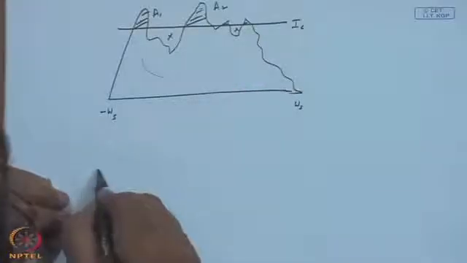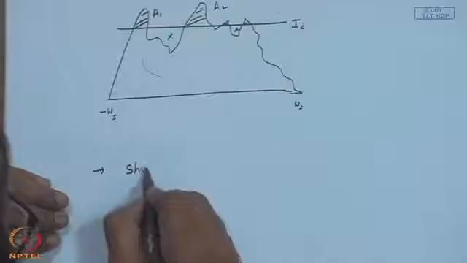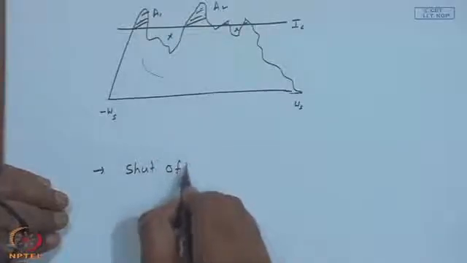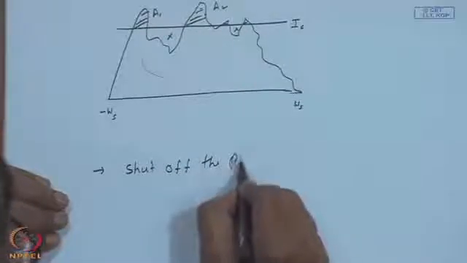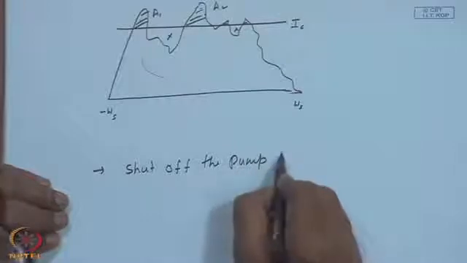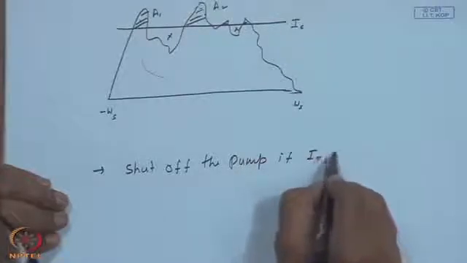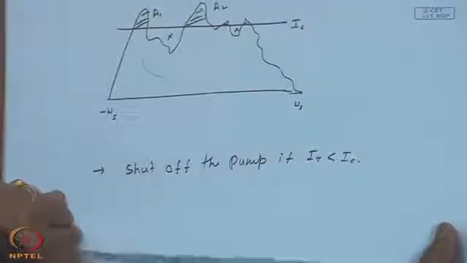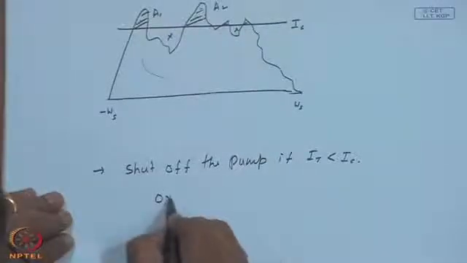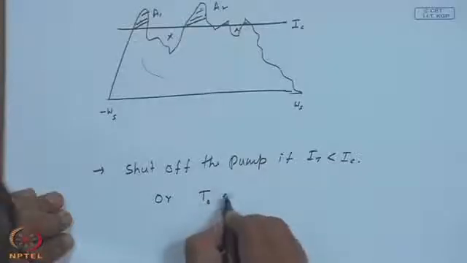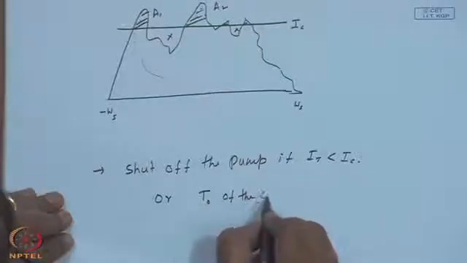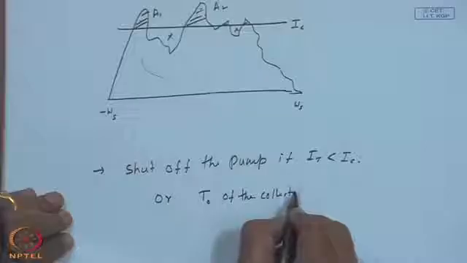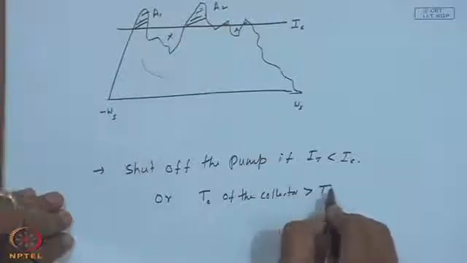So, practically it means shut off the pump if I t is less than I c, or T o of the collector should be greater than T i.